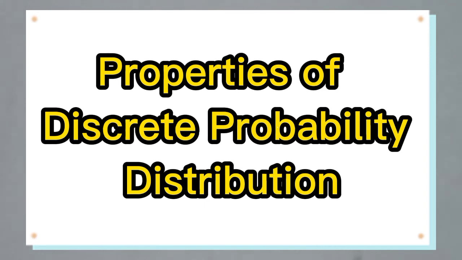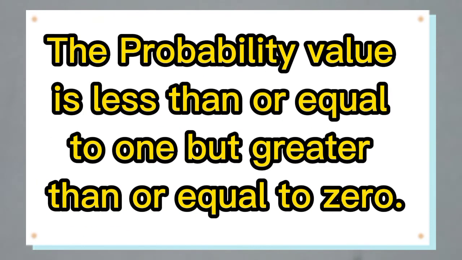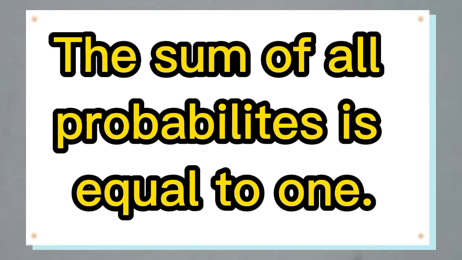So this will be our probability histogram. Remember the properties of a discrete probability distribution: each probability value is greater than or equal to 0 and less than or equal to 1, and the sum of all the probabilities is equal to 1. So remember that property.